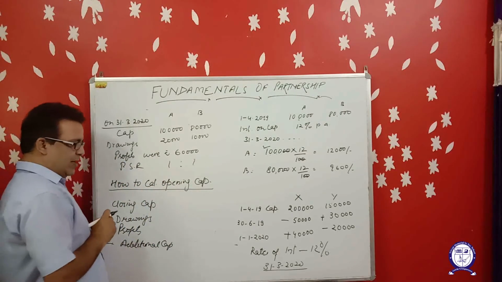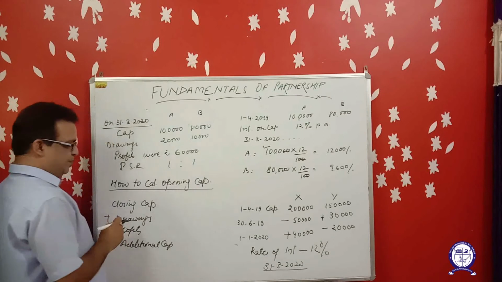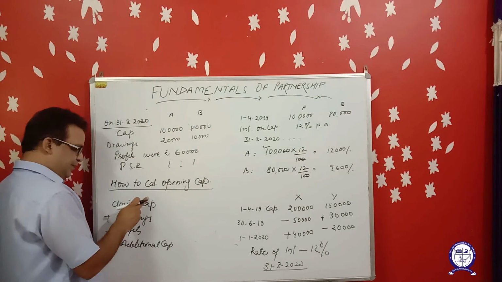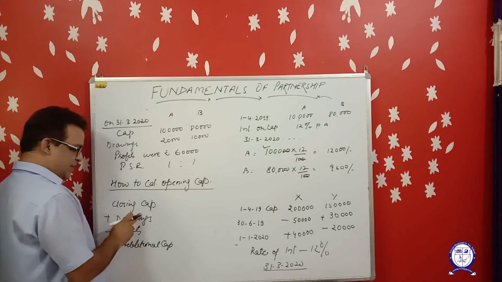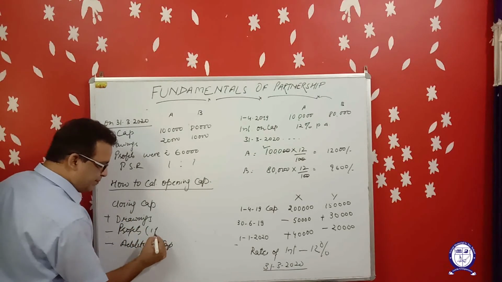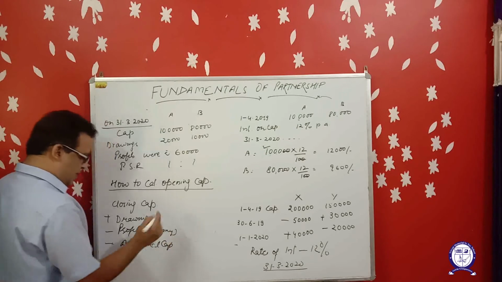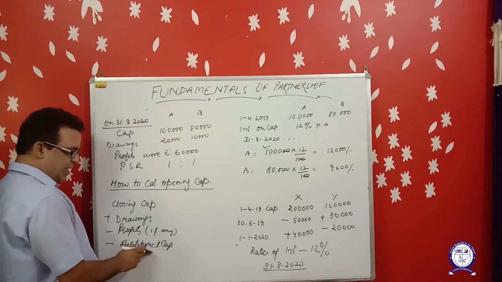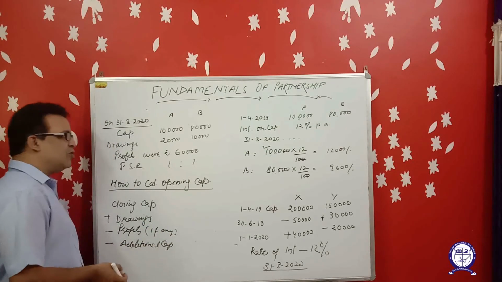The formula to calculate opening capital is closing capital plus drawings minus profit if any, minus additional capital if it is given in the question.